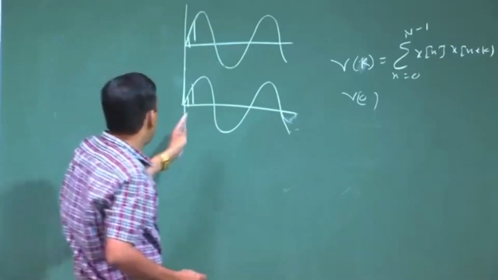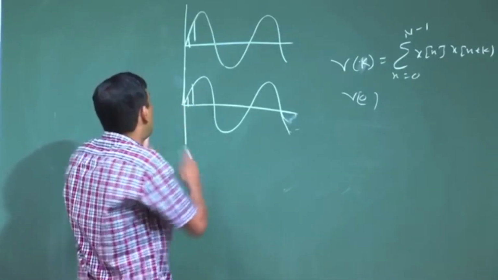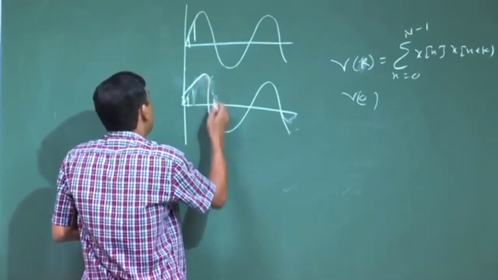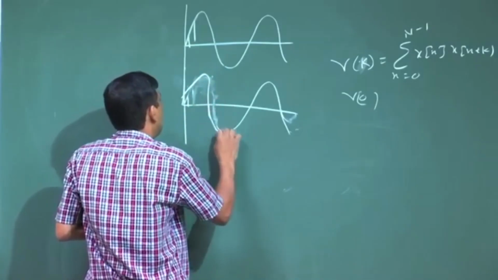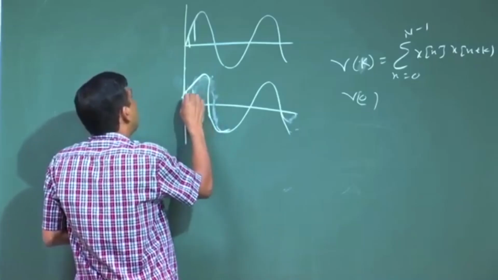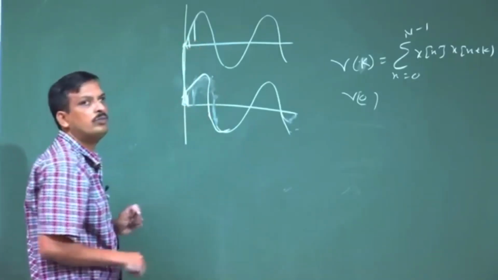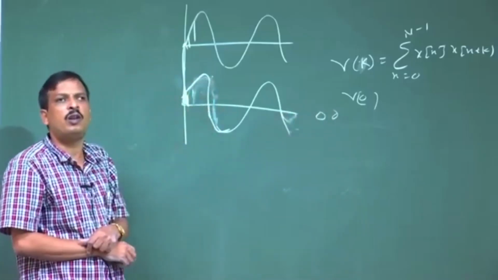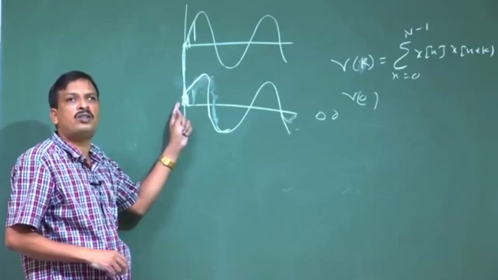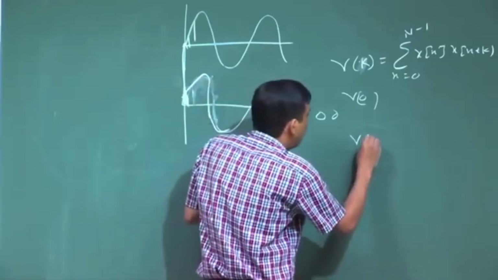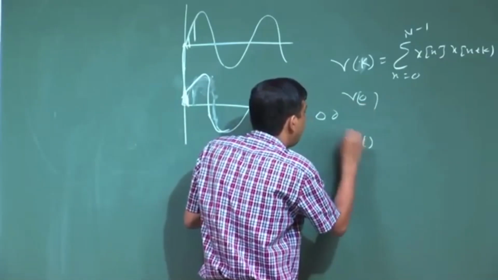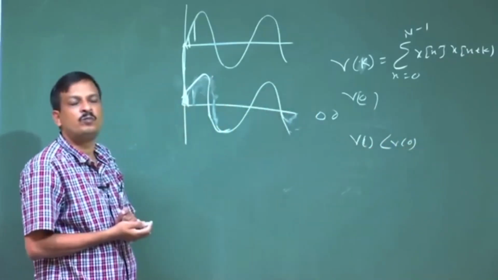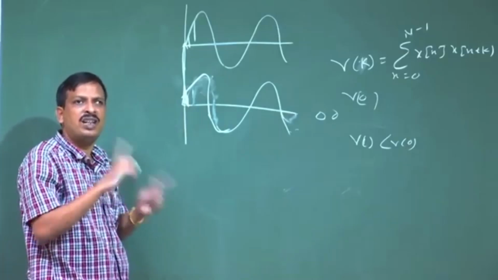Next, I shift this signal by one sample, so instead of this, my signal will start from here. I take this sample with 0, and 0 will be padded at the end to keep the length of the signal. So, what will we get? I will get an autocorrelation coefficient R1 which is less than R0. R2 is less than R0.